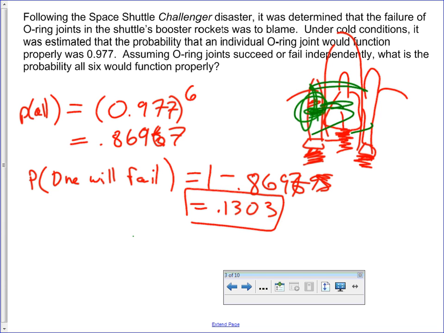So do you really want to take off in cold weather if there's a 13% chance that it's going to blow up? And the answer is no. And after they did this, they had only looked at the percentage of one of these, and they had underestimated it as well.